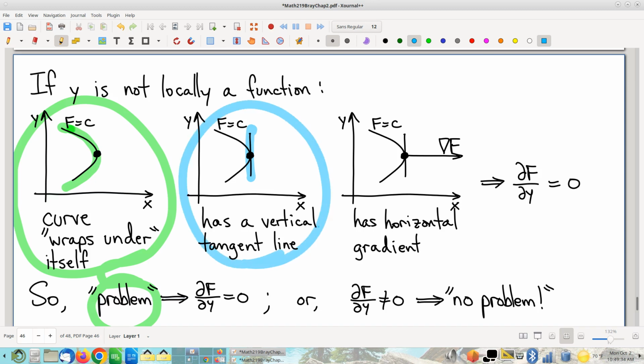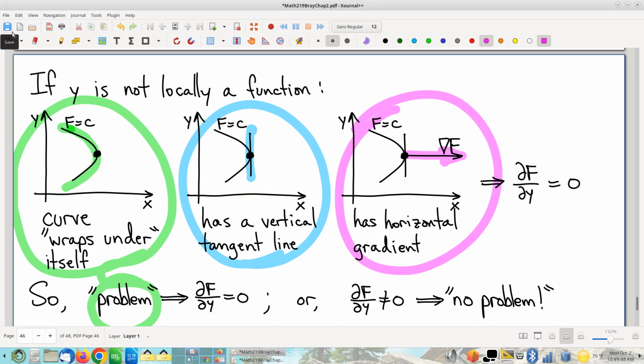But wait a second, if you have a vertical tangent line, that means that the gradient has to be horizontal. Let's just follow it through, and don't forget what the formula is for the gradient. The gradient is the partial of f with respect to x, partial of f with respect to y.